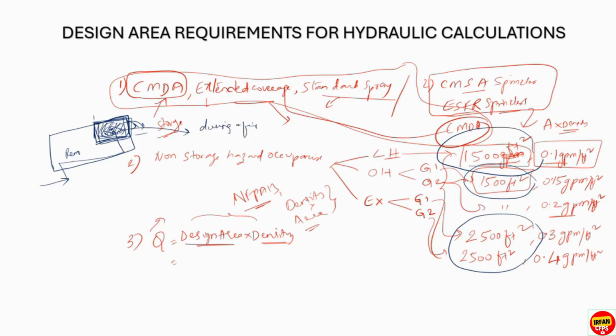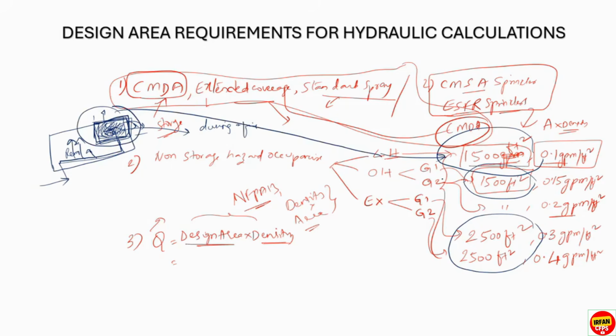So if we consider the remotest area, and the water reaches the remotest area, the water can reach the other areas as well, right? If the water reaches with the required pressure in the remotest area, obviously the water reaches the other areas with more pressure. So the design area will be these things which I am explaining on the board here.